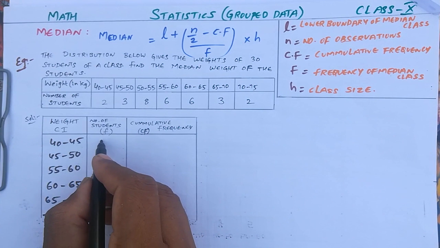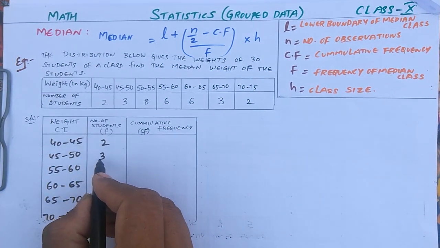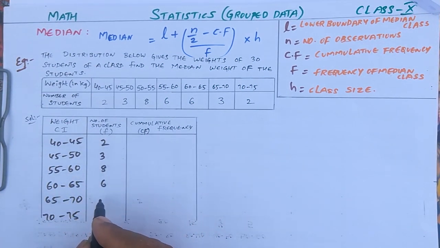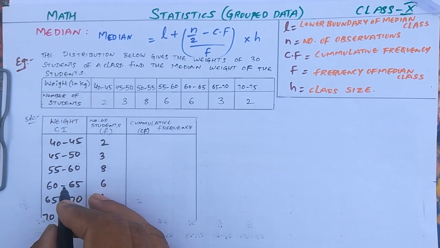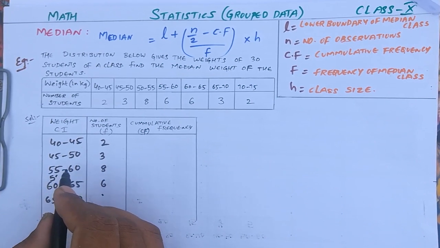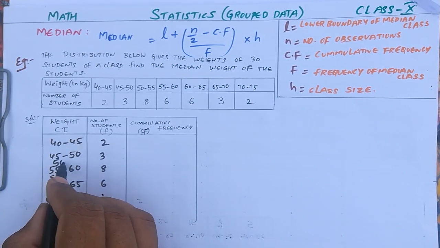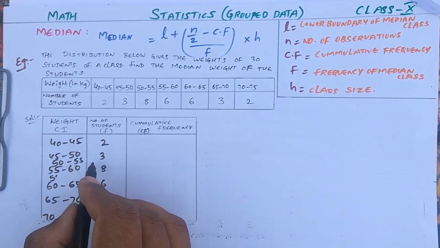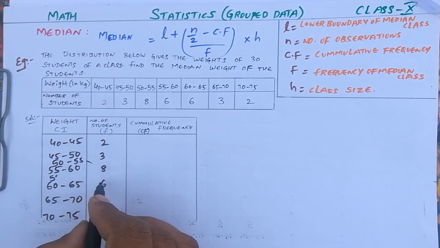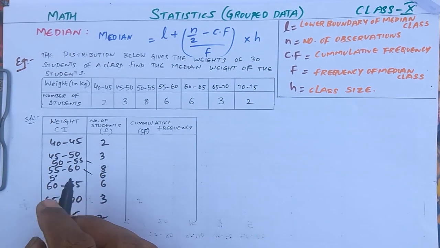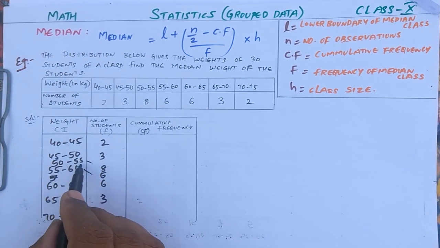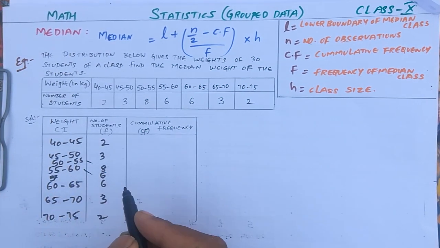Now the number of students: 2, 3, 8, then 6, 6, 3, 2. So 50 to 55 is 8, and 55 to 60 is 6.